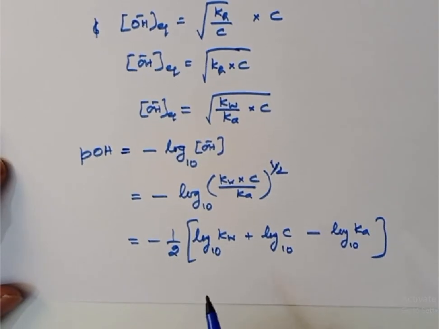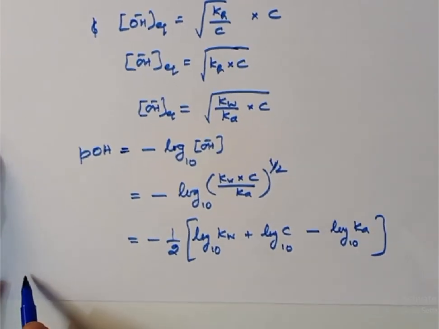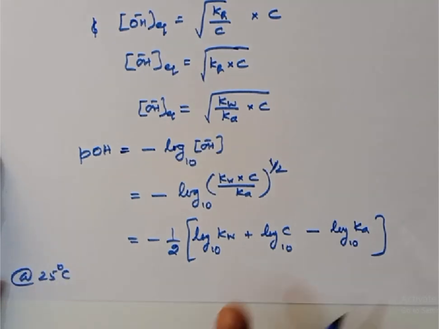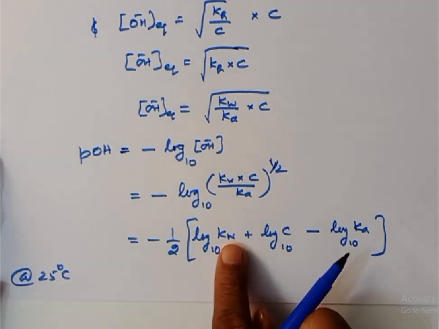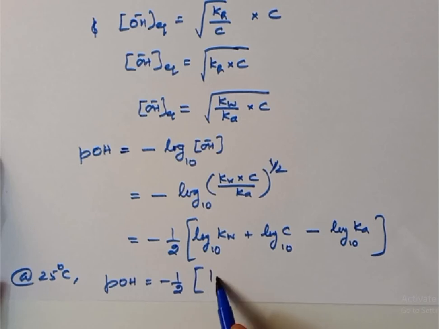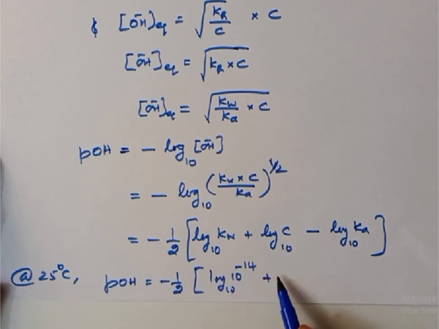Now if I fix temperature as 25 degrees Celsius, the value of Kw is 10 power minus 14. Therefore, pOH is equal to minus 1 by 2 into log base 10 power minus 14 plus log C base 10 minus log Ka.